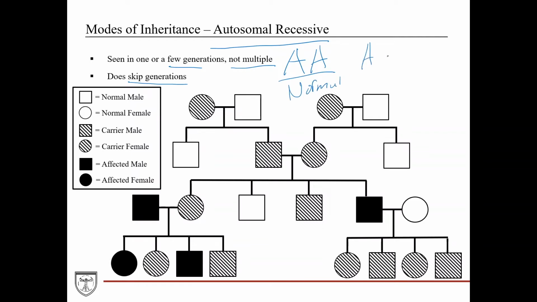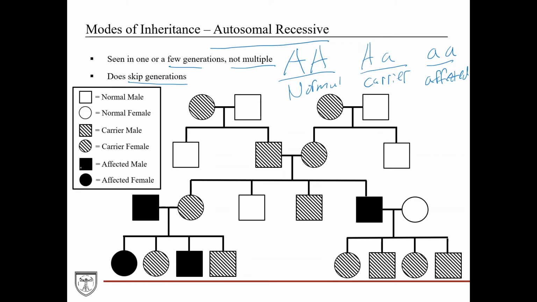If they have 1 copy of the dominant allele and 1 copy of the recessive allele, they're going to be what's called a carrier. So they don't have the disease, but they have the potential to pass it on to their children. And then if someone is homozygous recessive, they will be affected, meaning they will have the disease. So they have to inherit a recessive allele from both parents. And so if we go to the key here, a carrier is going to be shown by these individuals that have these black stripes like this, so partially filled in.